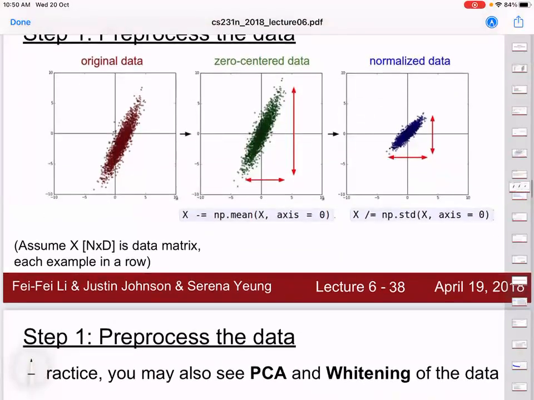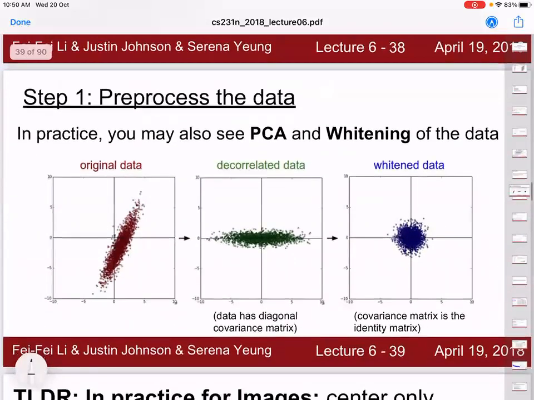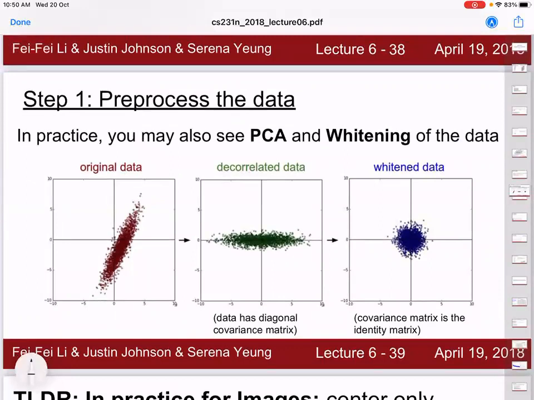Normalizing data, as I said, is desirable whenever the feature values between different features are quite different. The other step that is usually done in pre-processing is to decorrelate the data. What do we mean by decorrelating the data? Previously we have seen that the covariance matrix is sigma 1 square, sigma 1 2, sigma 2 1, and sigma 2 square. So what does a decorrelated covariance matrix look like?